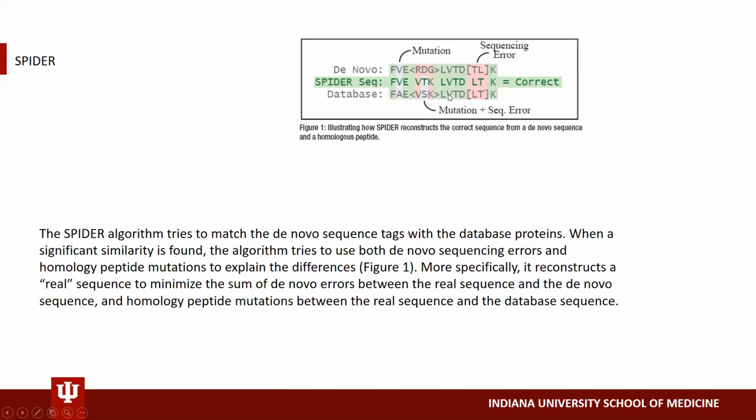And then if it's a little bit off, it will see if it can replace any of those amino acids to, quote unquote, identify a de novo sequence that matches a protein in your database with a mutation. So it's constructing this real sequence to minimize the sum of the de novo errors. And it's a really, really interesting way to find mutations in a set of samples.